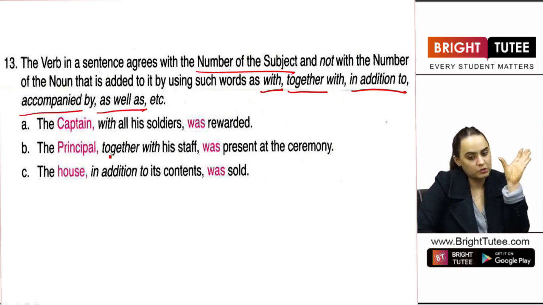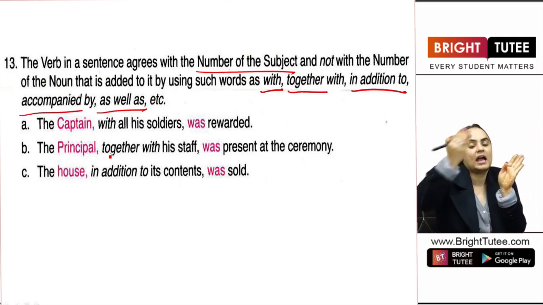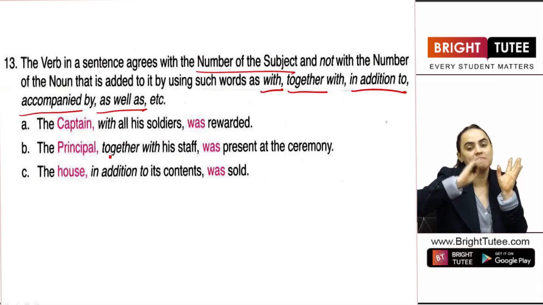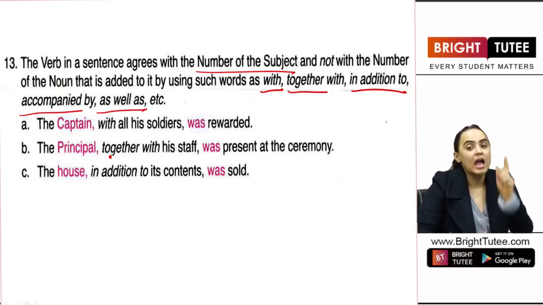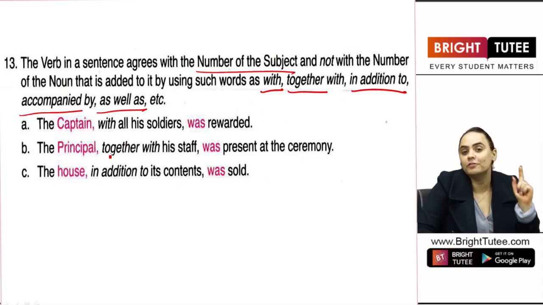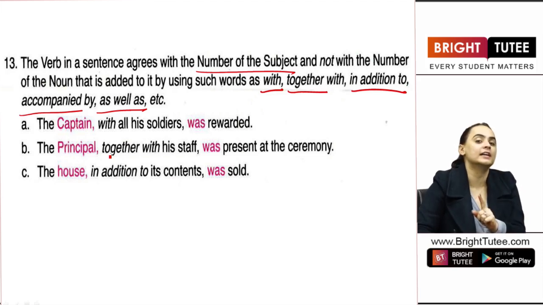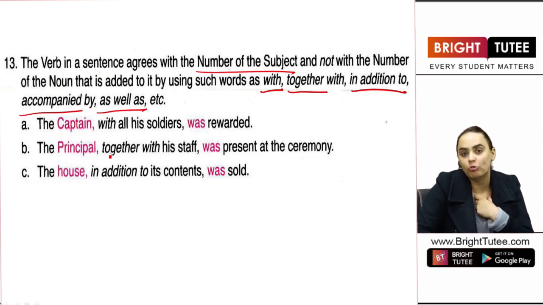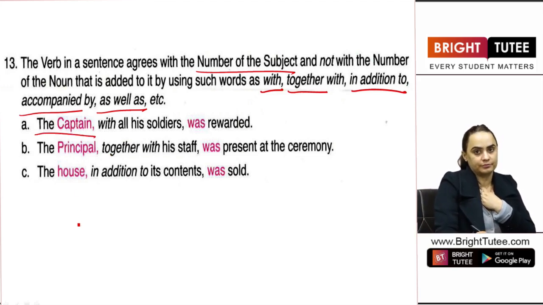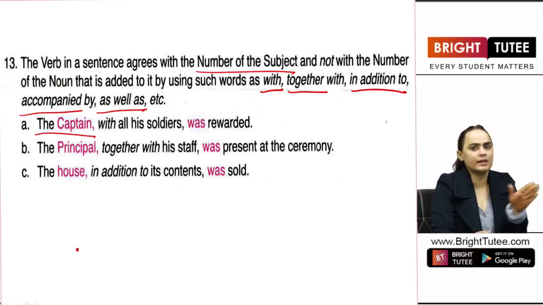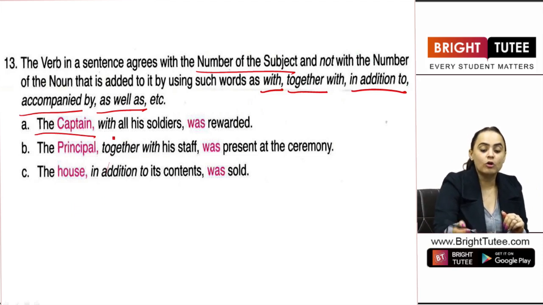So, if there is a noun which is added to my subject, I am going to look at the number of the subject and not that noun which is added along with it. For example, the captain. This is a singular subject, we all know. With all its soldiers.